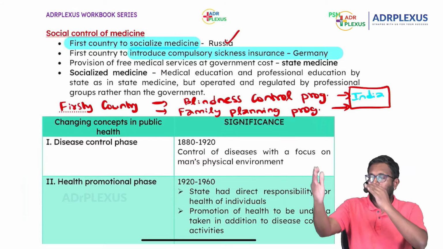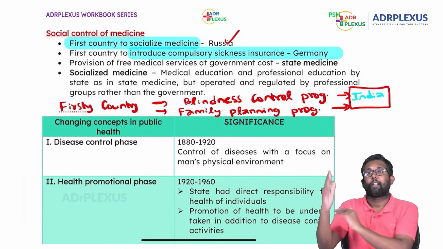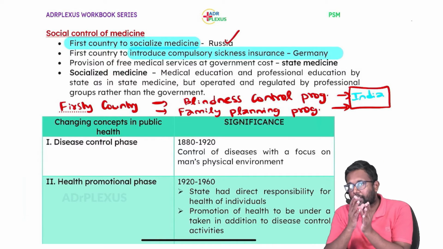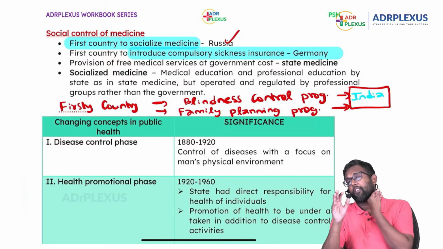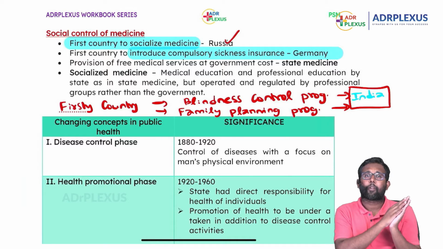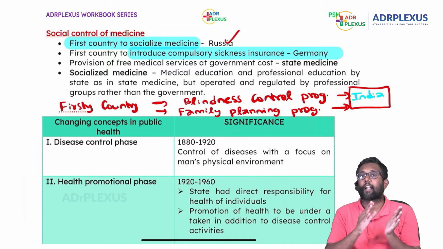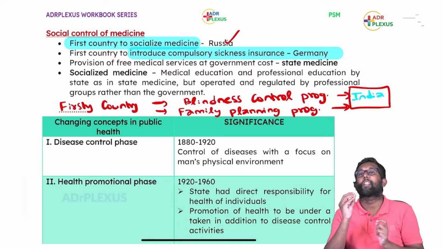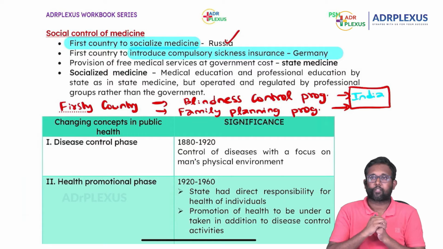If I lose my arm while working, they will give a huge amount of money from my insurance. Or if today I have fever and am sleeping at home, I will get the salary for a restricted number of days based on this insurance. It is called compulsory sickness insurance.